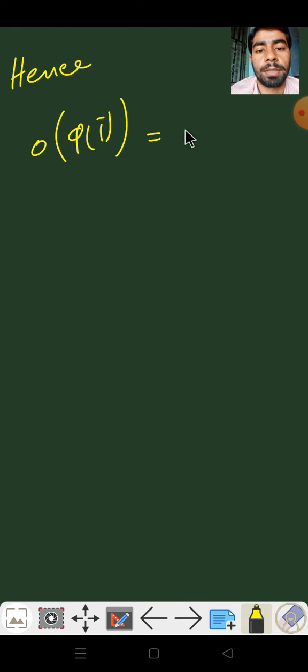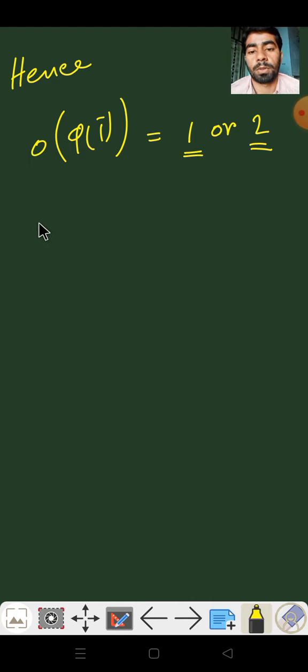The order of phi of class 1 will be either 1 or 2, because 1 is common between the two integers 6 and 4, and 2 is also a common factor.